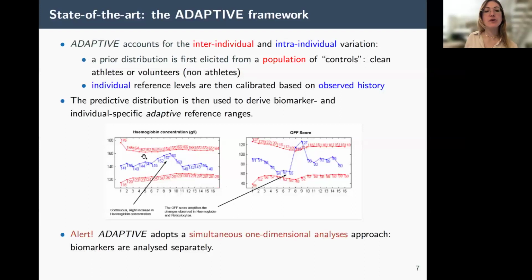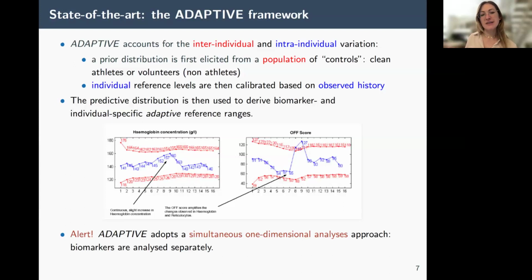For example, if you look here at the concentration of hemoglobin, at points number 8 and 9, you have a small increase in the hemoglobin, which translates into a great increase in the OFF score. So the OFF score looks like a more sensitive biomarker to variations from the normal level.